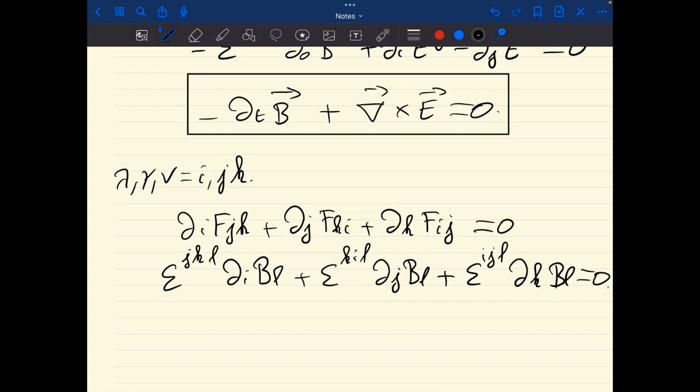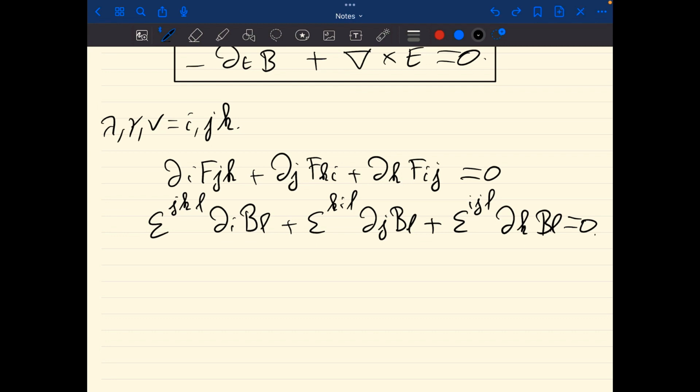We're on the right track, because we know that we expect the divergence of B to equal 0. If i, j, or k share the same value, or even just two of these indexes, then we will get 0 equal to 0. The only non-trivial information we get here is when i, j, and k have different values.